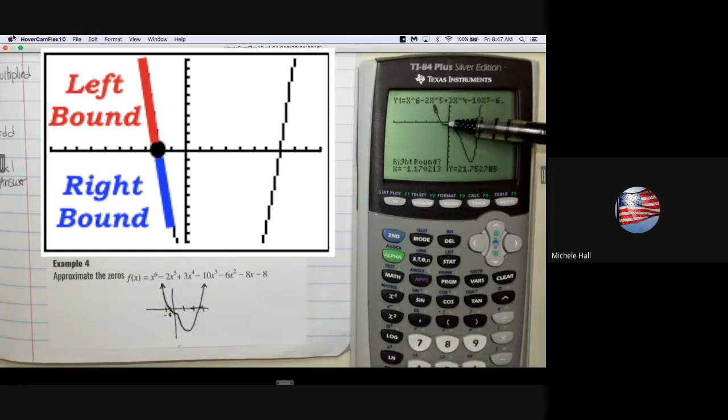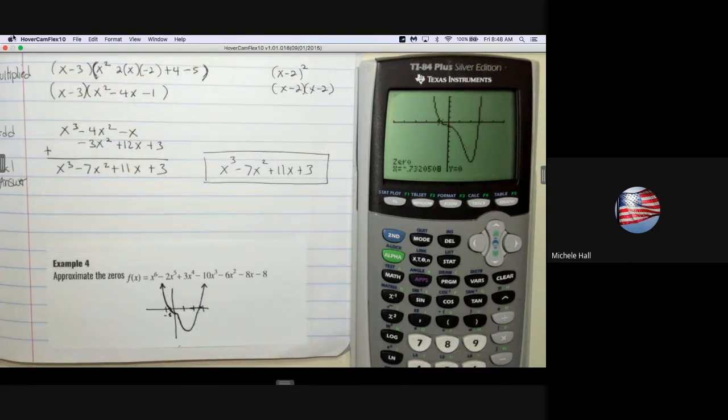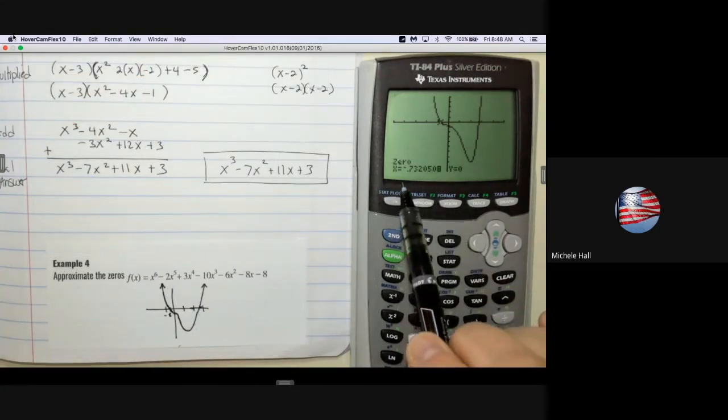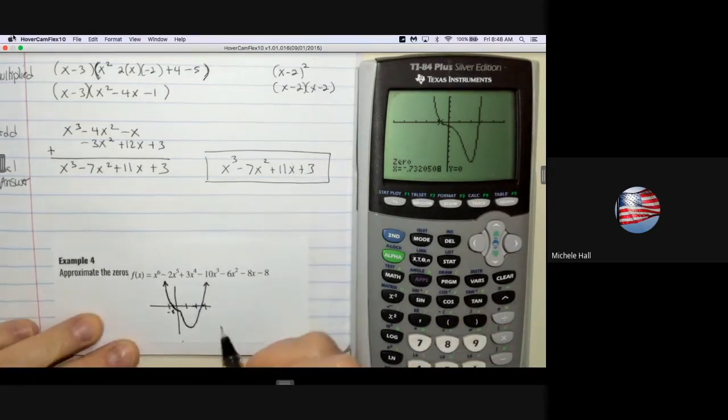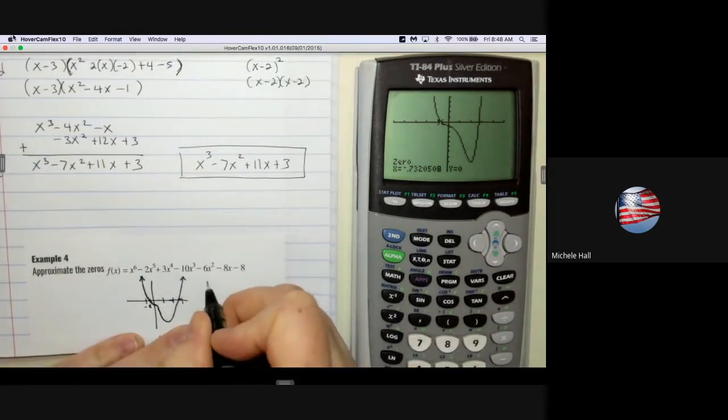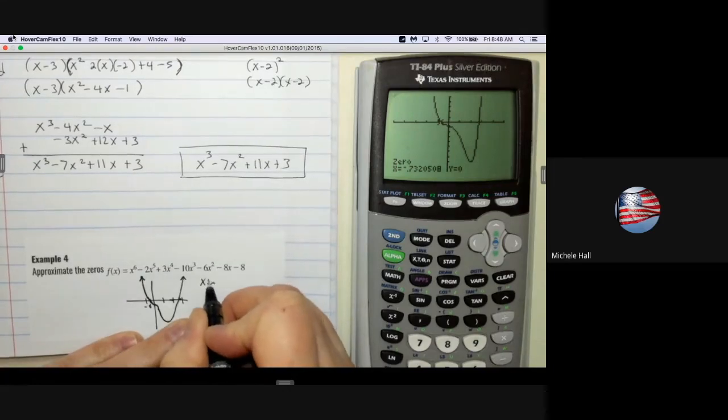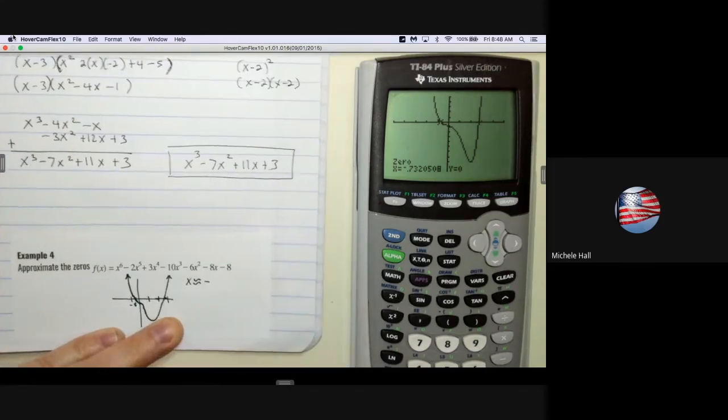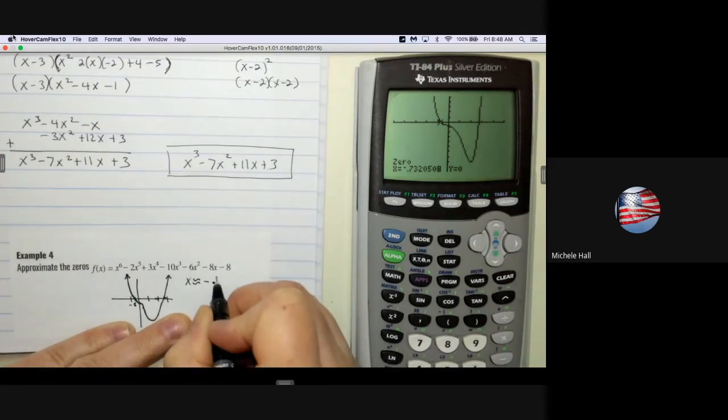Well, when am I on the right-hand side of that 0? When I'm down here, I'm on the right-hand side. Enter, enter again. And we get that the 0 is approximately -0.73. So x is approximately -0.73.